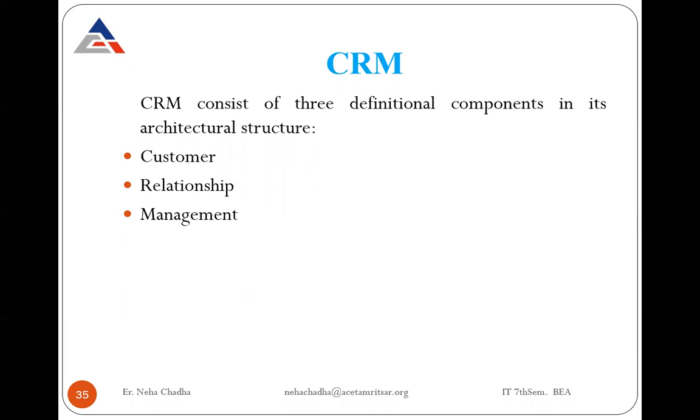Maintaining their data for future interaction comes under customer relationship management. If we have customers and want to promote our products to them in future, we must have a good relationship with them. Managing that good relationship is called customer relationship management.